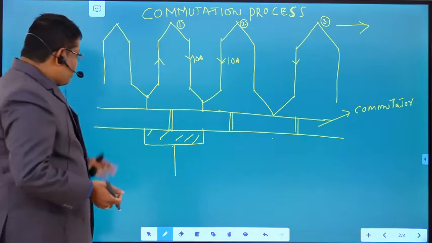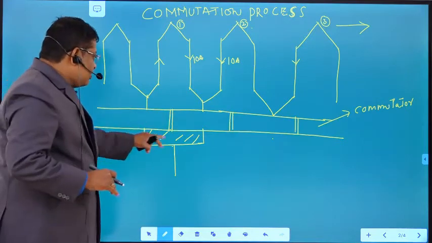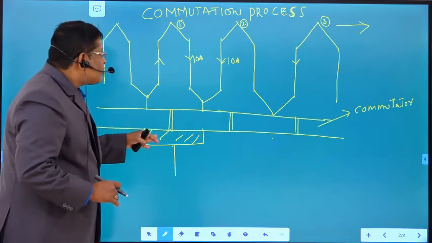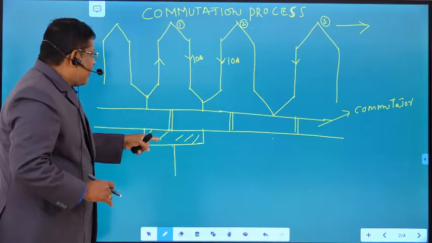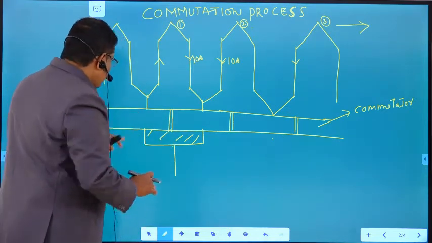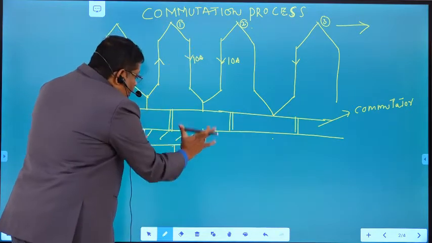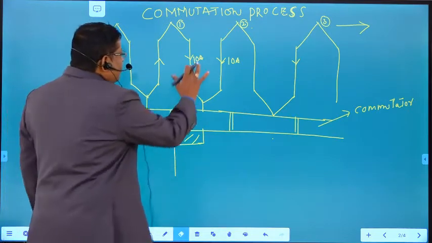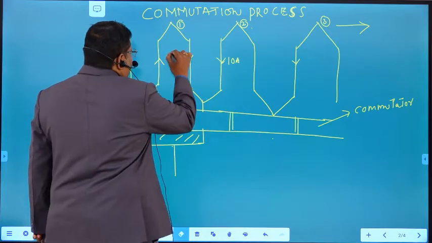Once the armature is rotating, the commutator segments will pass under the brushes. This is the third case. In the third case, when the brush position comes here, whatever the current is coming here, now the brush exactly short circuits coil A. Nothing but the current flowing through coil A becomes 0.